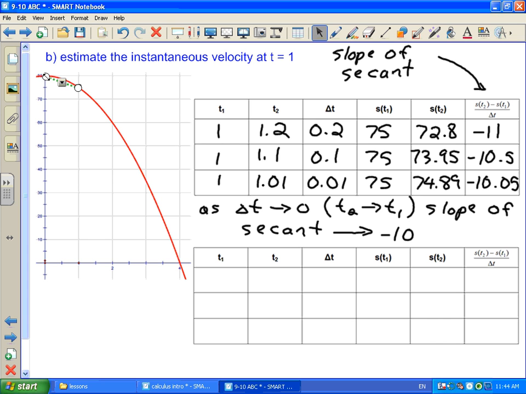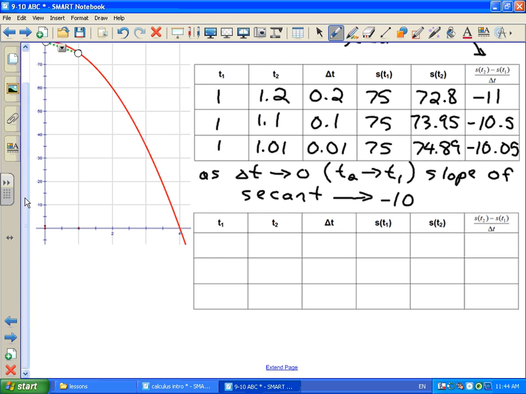So we kept T1 exactly the same, 1, and we chose some values of T2 that were smaller than T1. So 0.8, 0.9, 0.99. Again, we're making this value of delta t extremely small. So it starts at negative 0.2, goes to negative 0.1, goes to negative 0.01.